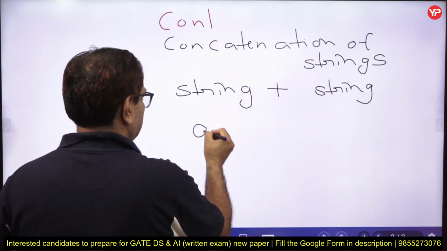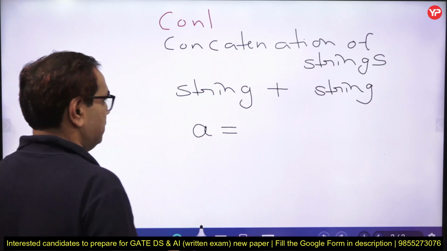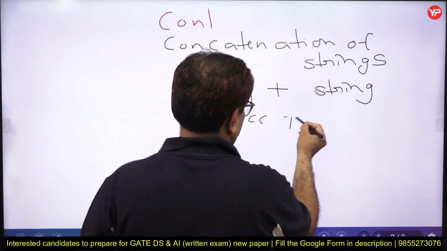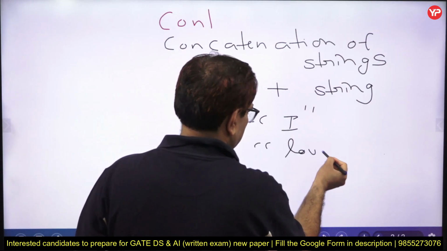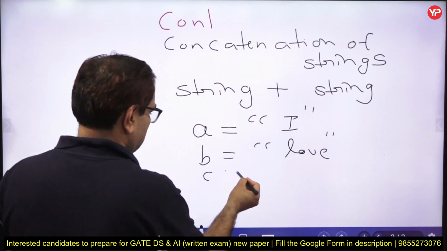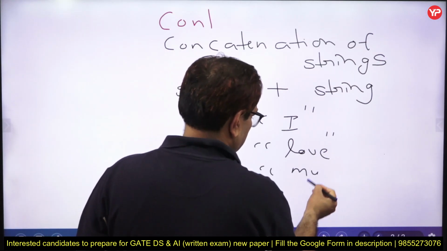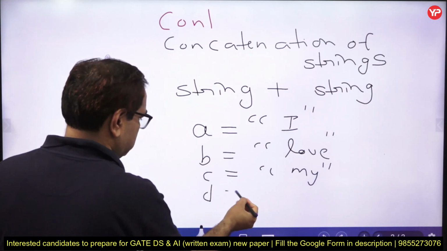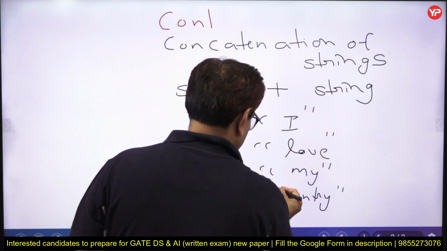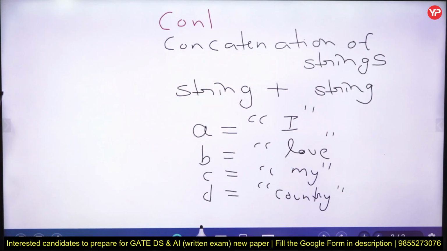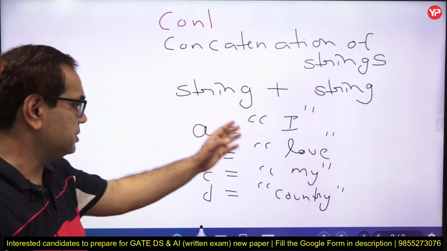Suppose we have a string, b is equal to another string, c is another string, and d is another string. We have assigned 4 variables a, b, c, d different strings.